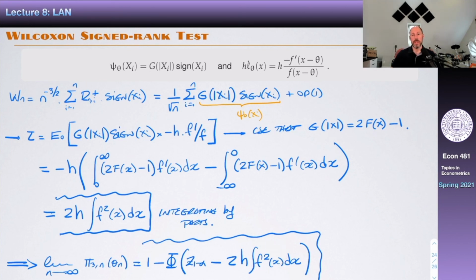Okay, but that's what we get. And hopefully this gave you an idea of how you can apply these tools that we developed in the last few lectures, mainly contiguity, Le Cam's third lemma, and local asymptotic normality, in the context of this example that we call the symmetric location model, and how you can use these tools to derive local asymptotic power.